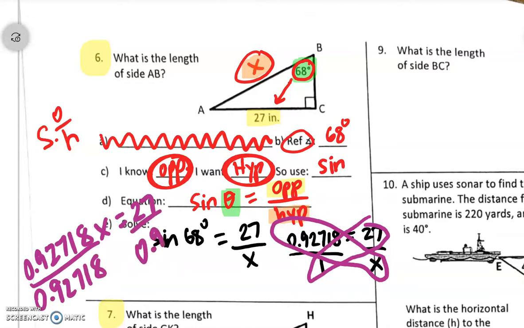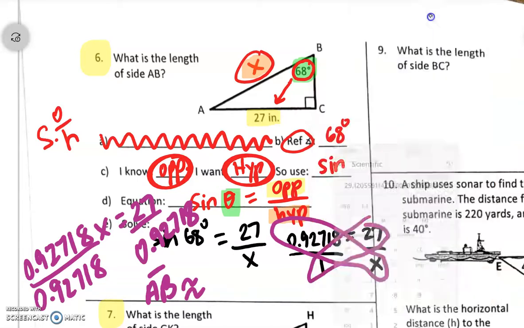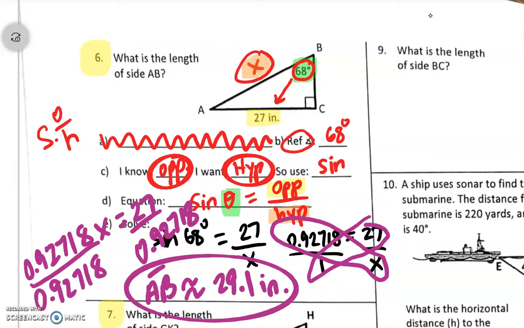There we go. So then we're going to say AB, that's what we're solving for, is approximately, let's punch that in our calculator, 27 divided by 0.92718. And we get 29.1. So AB is approximately 29.1 inches.